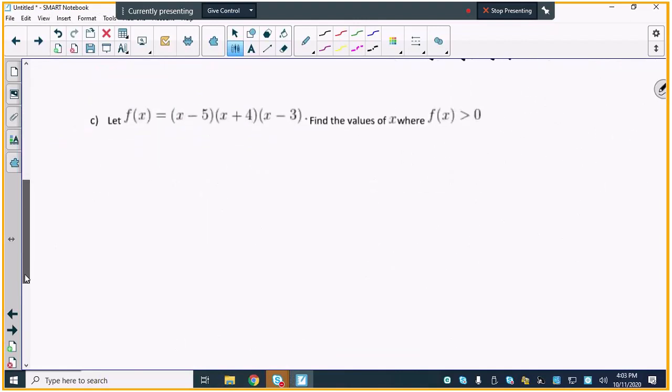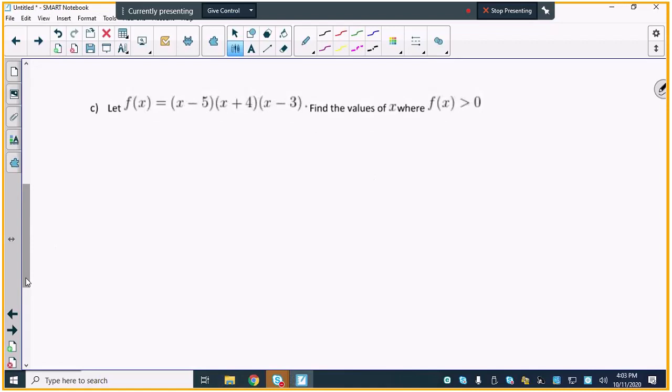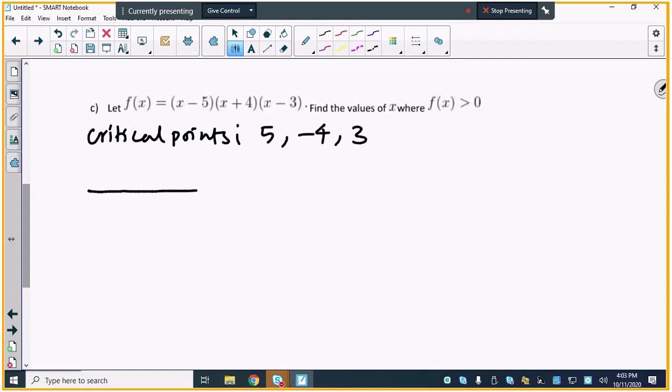Now I want f of x greater than 0, but my critical points, so critical points would be positive 5, negative 4, and positive 3. So on the number line, I will get negative 4, positive 3 and positive 5, writing lowest to the highest.